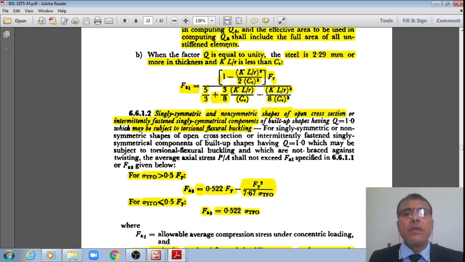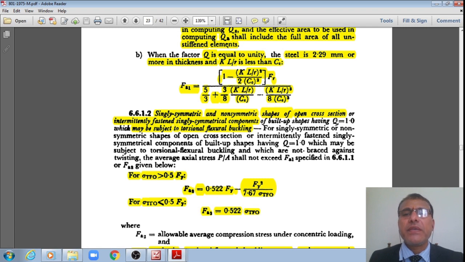Next, singly symmetric and non-symmetric shapes of open cross section, intermittently fastened singly symmetrical components of built-up shapes having Q equal to 1, which may be subjected to torsional flexural buckling.